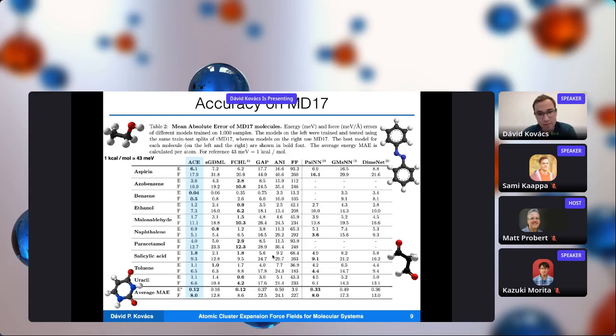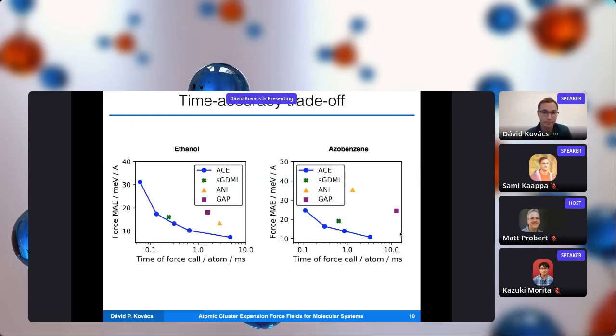It includes neural networks like ANI, an empirical force field that we also tried, and graph neural networks, different flavors of them. So across all of these models, these ACE features are so powerful that just linear regression on them lets you be competitive, or sometimes even better than the best AI machine learning regression methods out there.